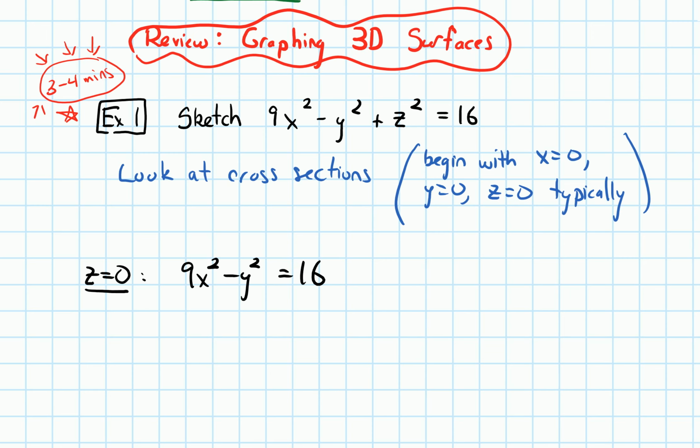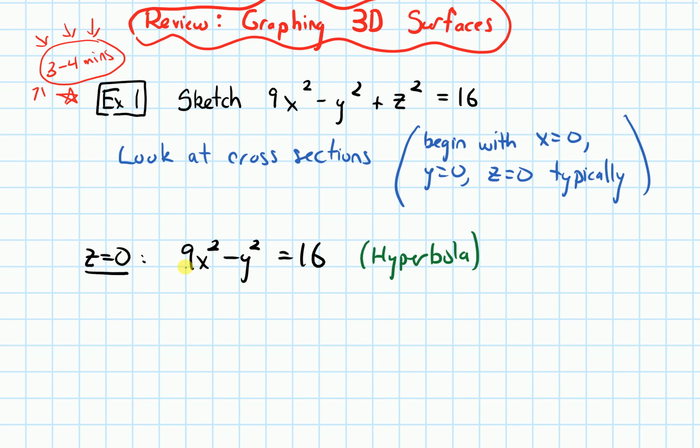All right, so at this point, hopefully we can recognize that this is a hyperbola graph. This is going to be the graph of a hyperbola. So the main things that we try to find with a hyperbola graph are first the intercepts. So in this case, let's find the x-intercepts and the y-intercepts. So for the x-intercepts, we set y equal to 0.